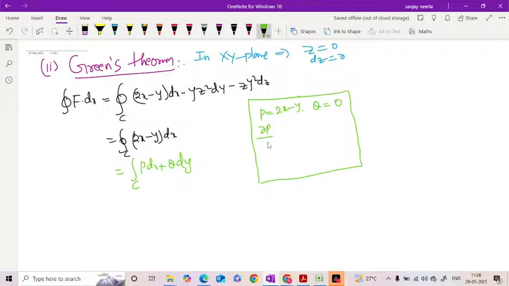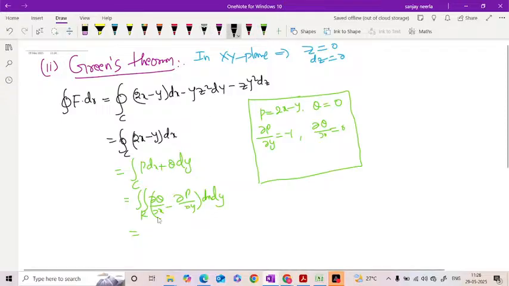Dou p by dou y is minus 1 and dou q by dou x is 0. So according to Green's theorem, this line integral we can write as the double integral over R of dou q by dou x minus dou p by dou y into dx into dy.